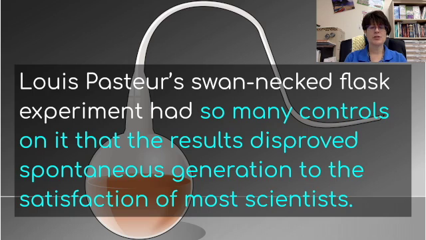But Louis Pasteur, a Frenchman, came along and developed this swan-necked flask. And with this flask, it had so many controls on it that the results disproved spontaneous generation to the satisfaction of most scientists of the time. What the swan neck did is it allowed him to boil the infusion and kill the microorganisms that we now know live in there.